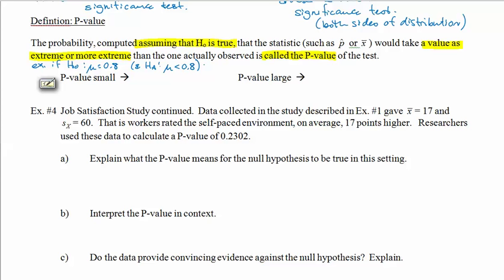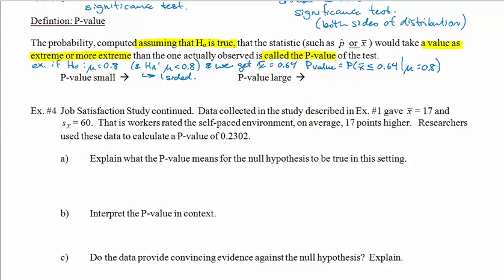And if we get x bar equal to 0.64. Now, this is telling us we're looking at a one-sided test, and so our p-value is the probability that we would get a sample mean less than or equal to 0.64, given that our mean is 0.8. So that's how we would word it.